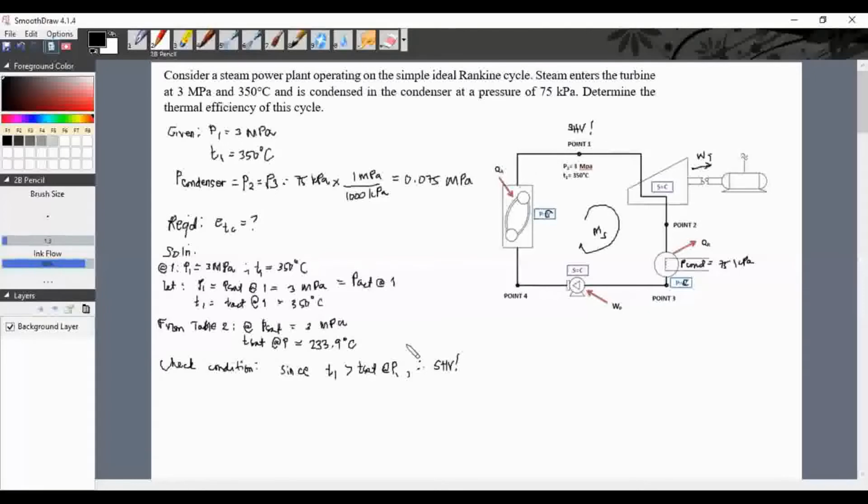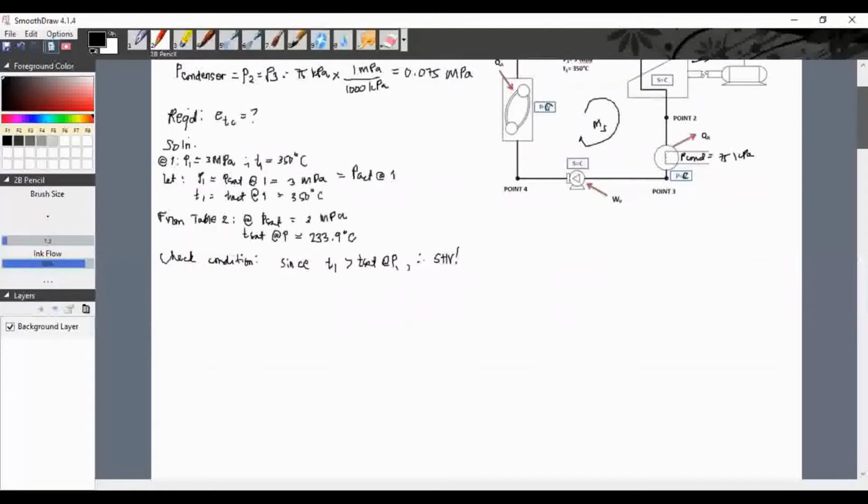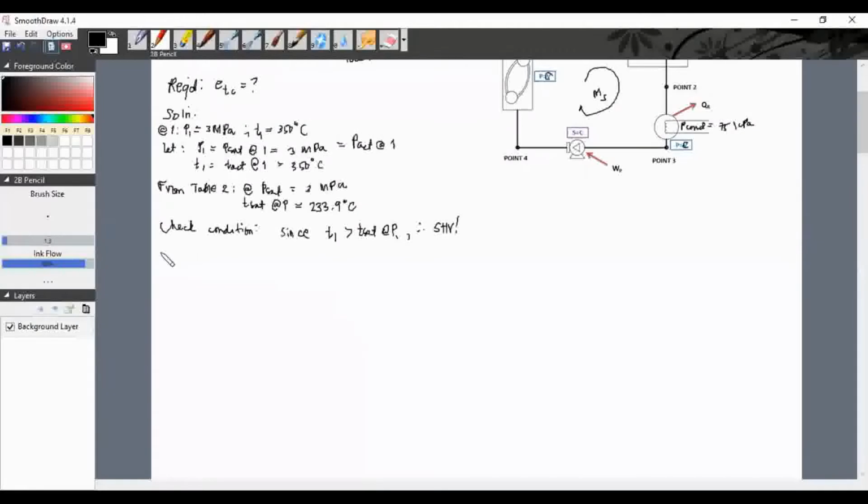Now, kapag superheated vapor siya, proceed tayo sa appropriate table para kunin yung value. So, saan table yon? So, proceed tayo sa table 3. So, from table 3, okay, ayusin natin.